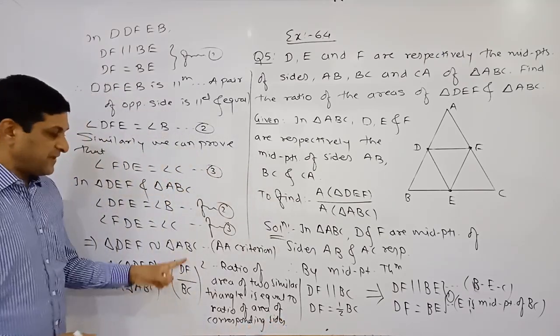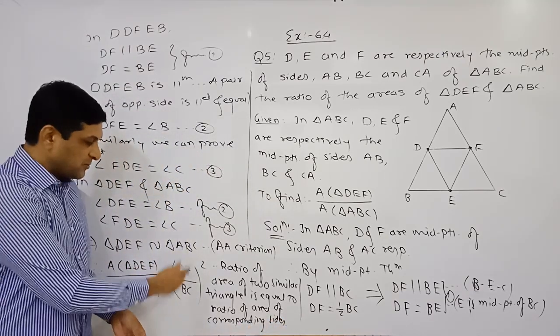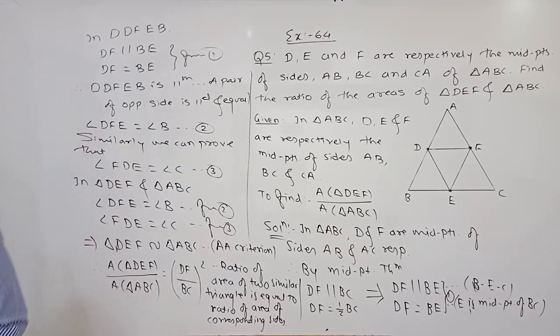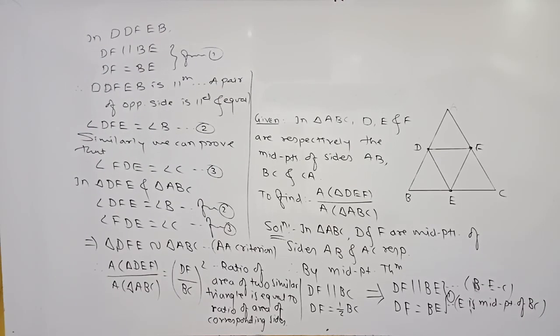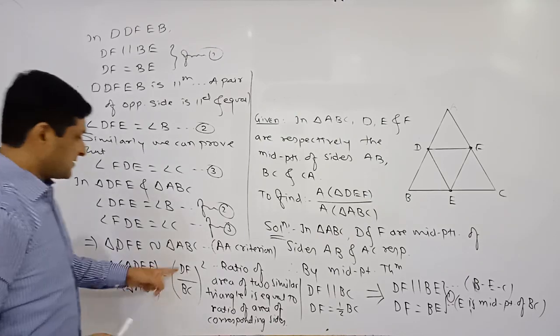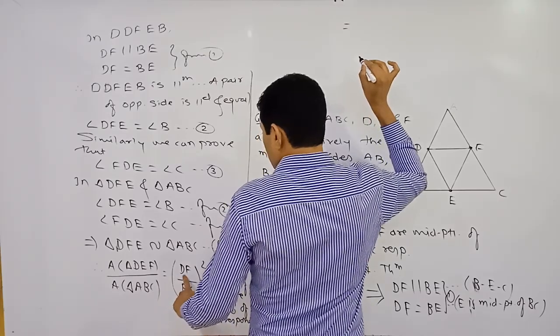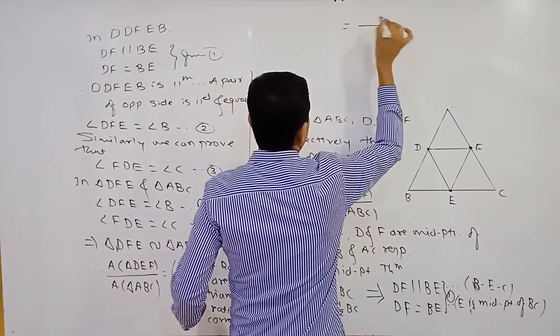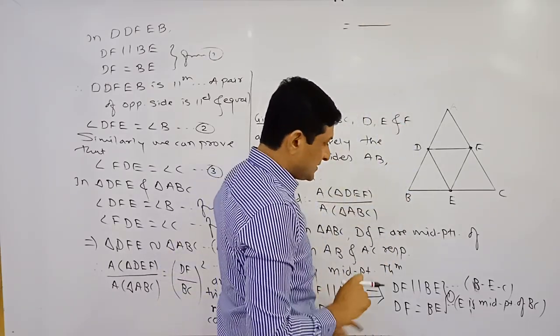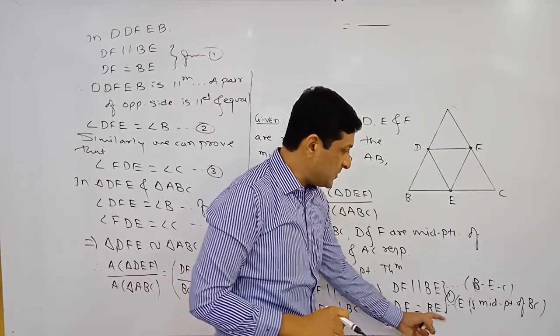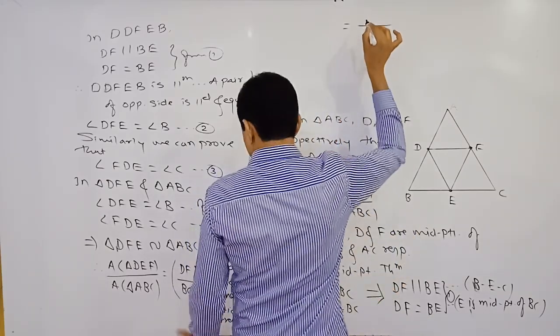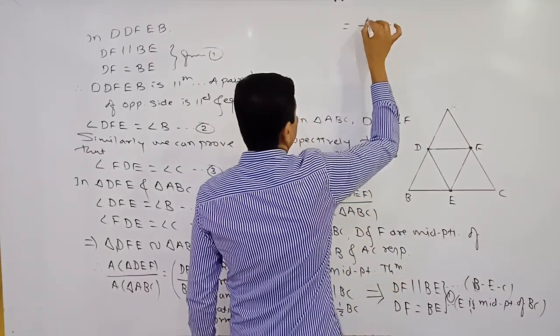Now let us simplify this expression. Try to understand its simplification part. Keep this DF as it is, or this DF will be equal to BE, from equation number 1, I am replacing DF by BE.